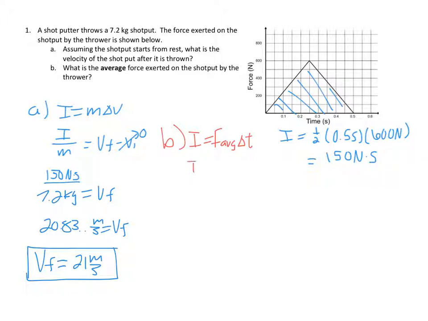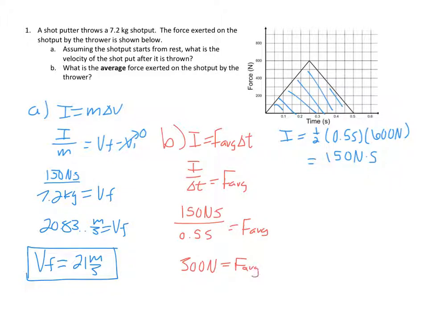So impulse over my time will give me my average force, 150 newton seconds over 0.5 seconds equals the average force, 150 divided by 1/2, 300 newtons is the average force. So this was a simpler example of how to use impulse graphically. Let's do the harder one.